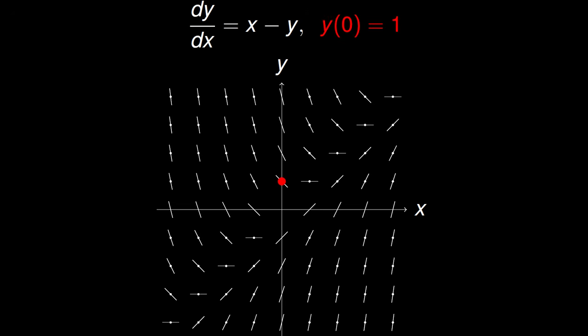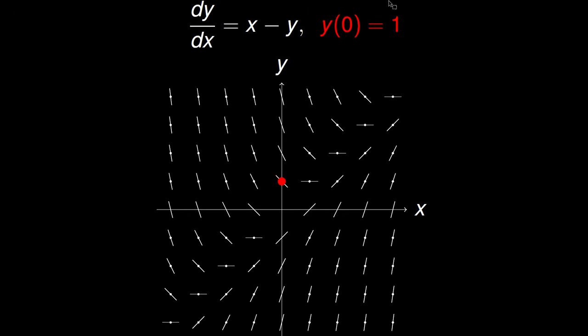Now, let's say that we were also given some initial condition. Let's say we know that the solution to this differential equation also has to go through the point (0, 1), which I've drawn in red here. Remember what the slope of the tangent line means. It means that the graph is going in a downward trajectory here.